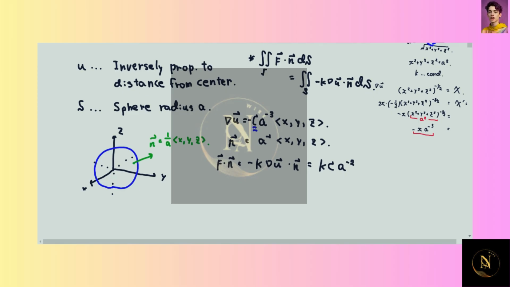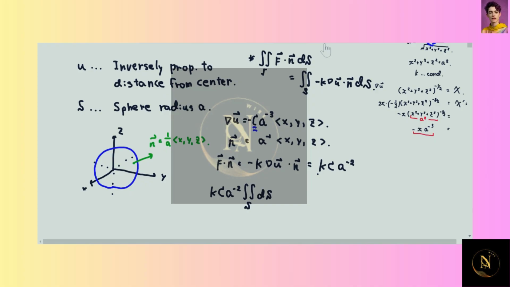All right, so moving on. k c a to the negative 2 is what f dot n is equal to. And finally, if we want to figure out what the heat flow is going to be, we can pull out all of these constants outside the expression. So you will get k c a to the negative 2 times the double integral through s ds.